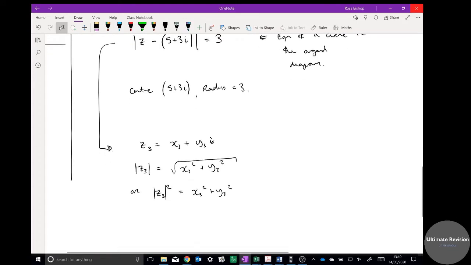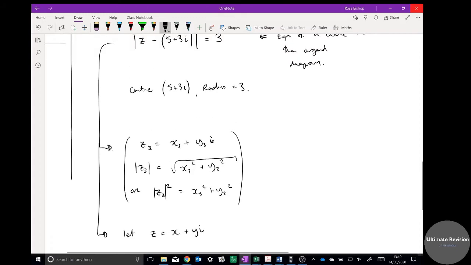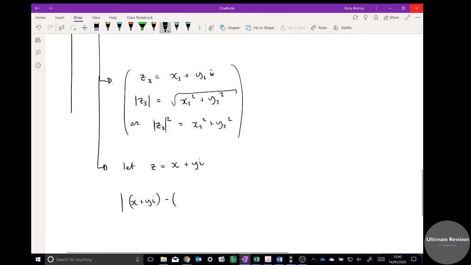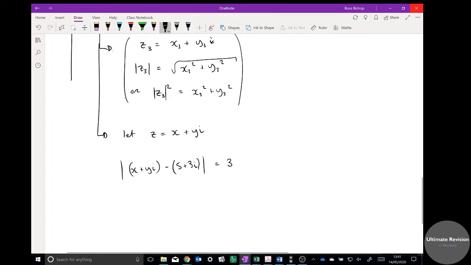So if I go back to my example, if I let z equal x plus yi, I'm going to end up with x plus yi minus 5 plus 3i. The modulus of that must equal 3.